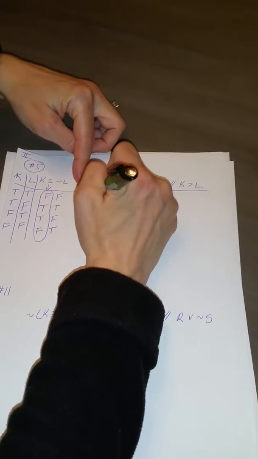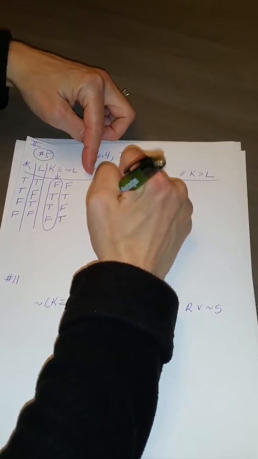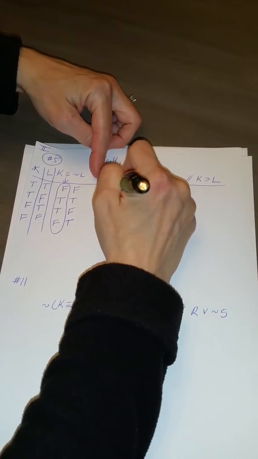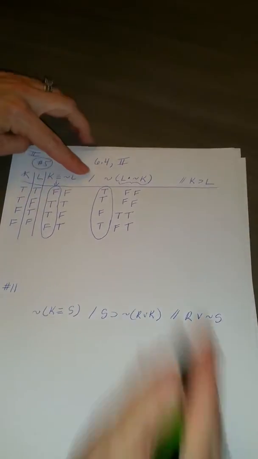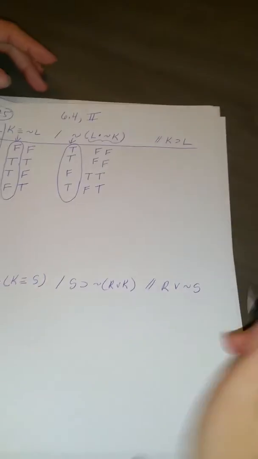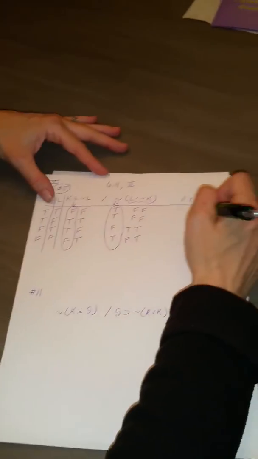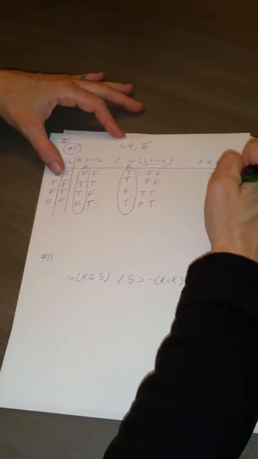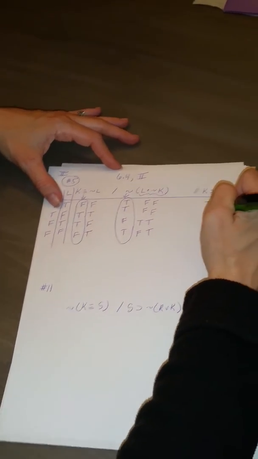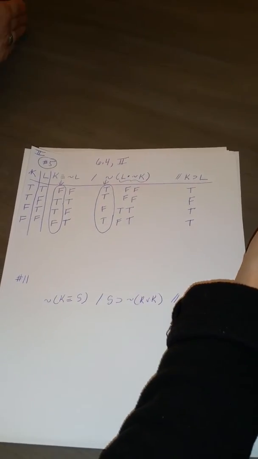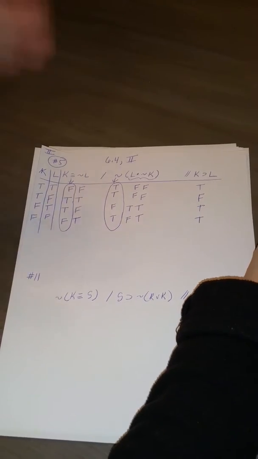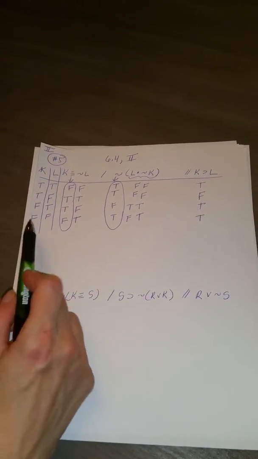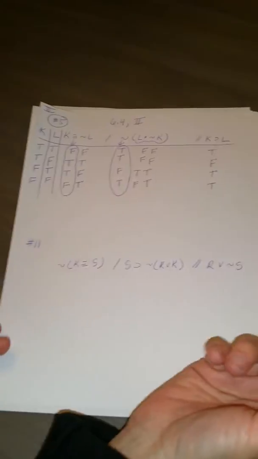And now when we negate that, we're going to get true, true, false, true. And I'm going to circle that one because that's the main operator column. And now for the conditional, we have true, false, true, true. Remember, the horseshoe is only false when the left is true, the antecedent is true, and the consequent is false. When both are false, it's still true.